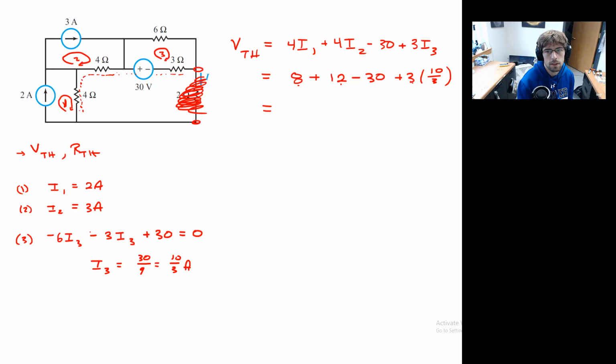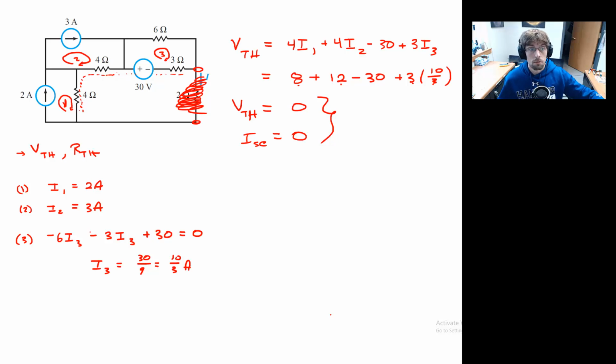We got 20, we've got another 10. So I've got 30 minus 30, so I get 0. VTH equals 0. Which means the short circuit current is also going to be 0. Okay. Life matches with what we had previously. That's always good to know.